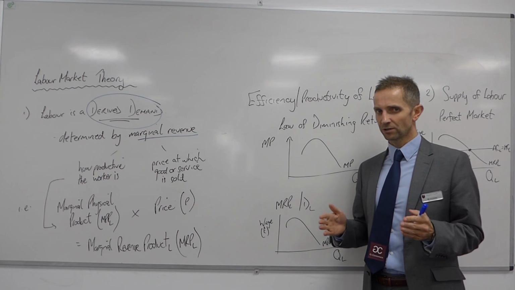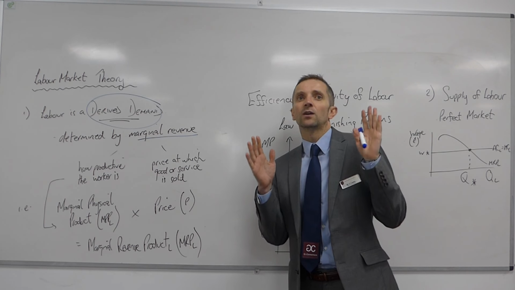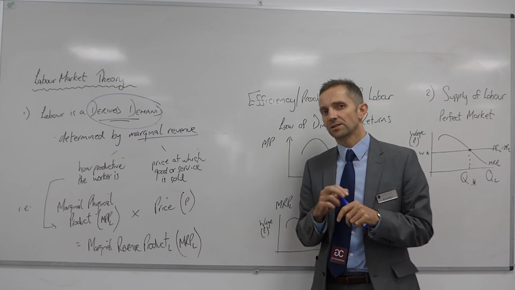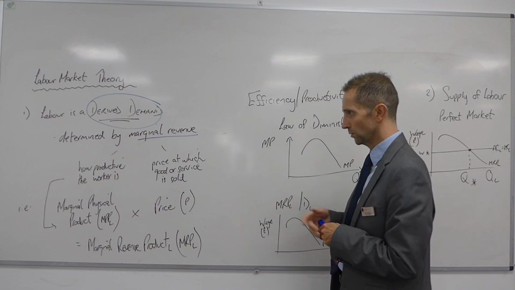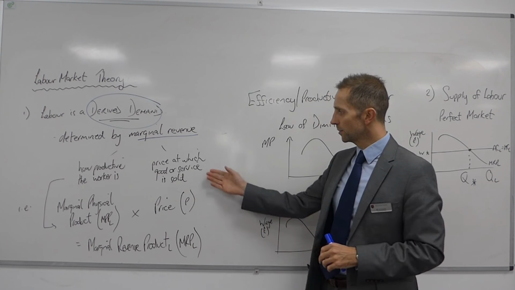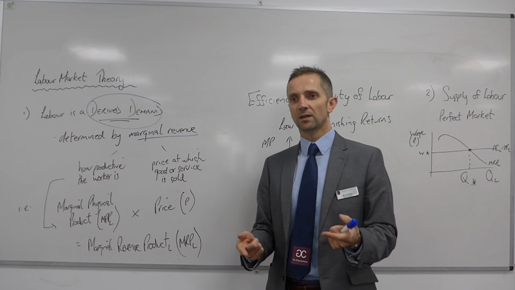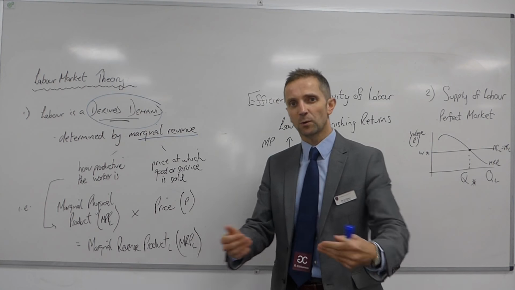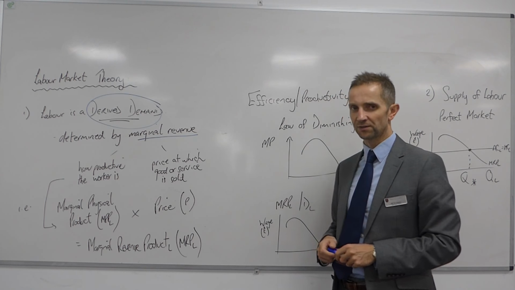Now, of course, we are talking about economic theory here, and so this is the theory. We're keeping this nice and simple by limiting this to two factors. And those two factors are as follows. Number one, how productive is the worker? And number two, the price at which the good or service that the worker is producing retails. So how much you're going to earn as a consequence of selling it.